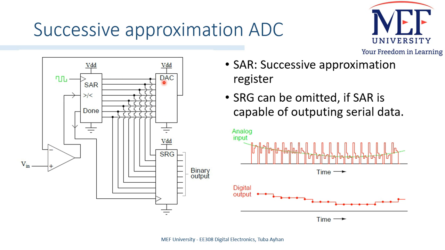Those binary codes are converted into analog, and depending on the comparison of that analog output with the input voltage, we can either increase or decrease the output of the SAR. So we can think of this structure as an up-down counter. When the operation is done, we output this value to the output. If the SAR is capable of outputting serial data, then this shift register can be omitted.